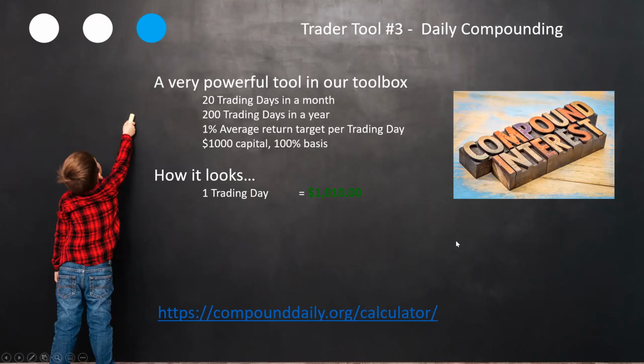So one trading day. After the first day, 1% of $1,000 is $10. If you did that and averaged 1% for a trading week, which is 5 days, you would have $1,051.01. For a trading month, you'd have $1,220.20.